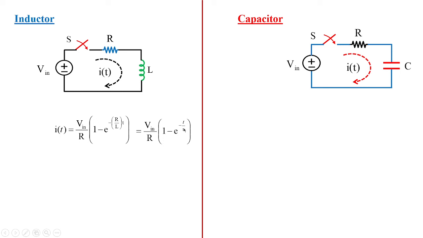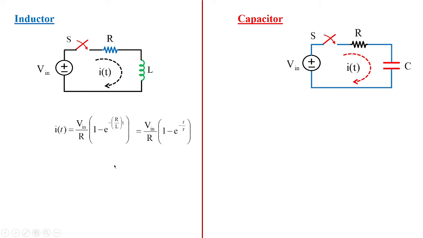t is the time period and tau is the time constant. Here the time constant value for the RL circuit will be given by L by R. So this we need to remember in the case of an inductor. And how we have framed this equation, you can look into our previous transient analysis videos. In those, the derivation under the differential approach and the derivation under the Laplace approach are given.